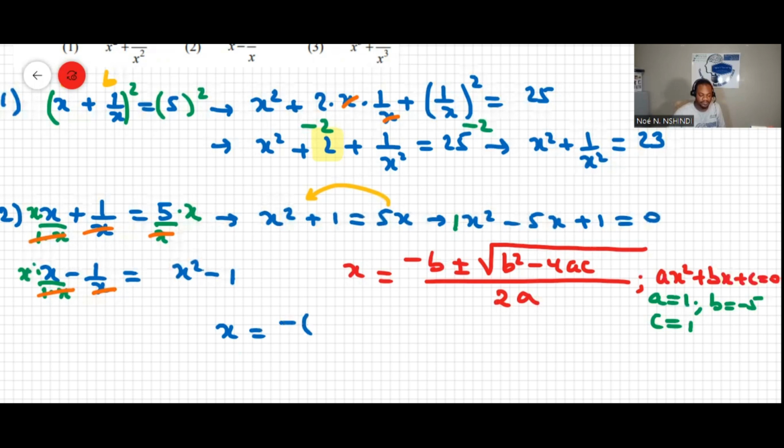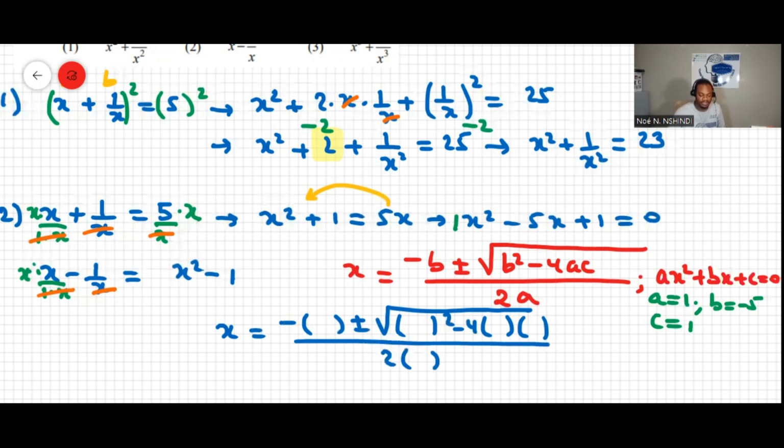So it's going to be -b plus minus square root of b squared minus 4ac all over 2a. Then we can sub in the values: b is -5, -5 squared minus 4 times a, which is 1, and c is 1, and then a is 1 also. Then we can get what x is.